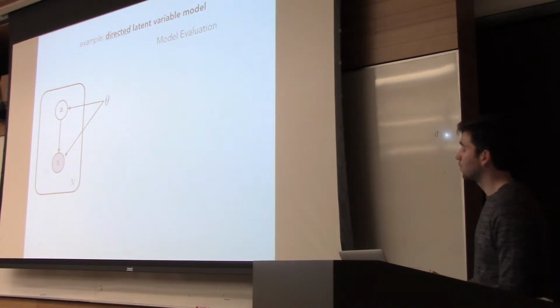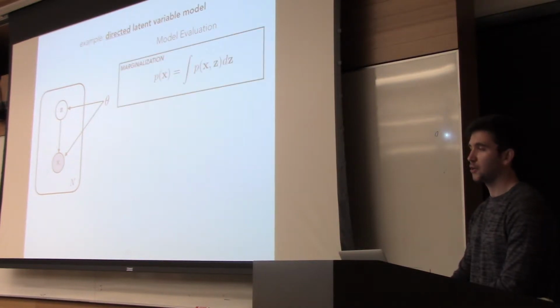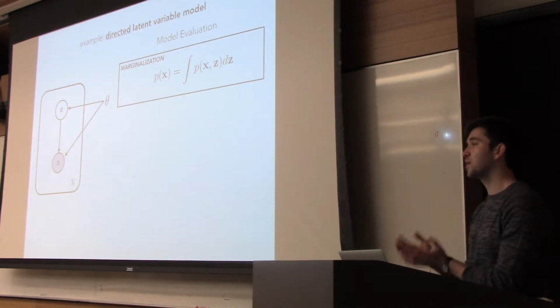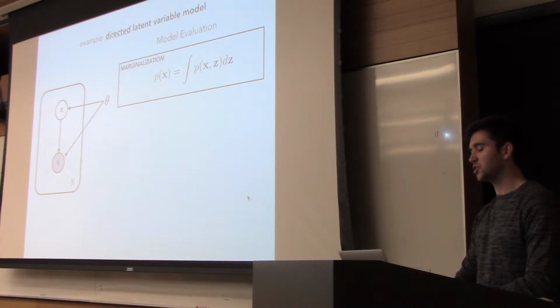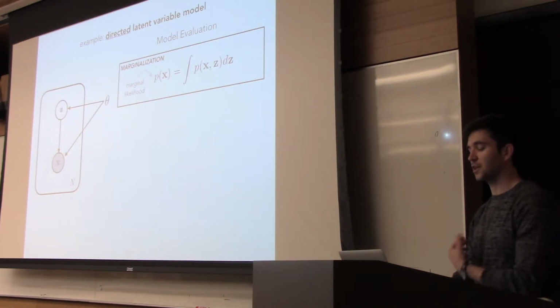The final thing we might want to do with this model is evaluate its performance. In order to do that, we want to evaluate the likelihood. How well is it fitting the true data distribution? To do that, we integrate out the latent variables from the joint distribution, which gives the marginal likelihood.